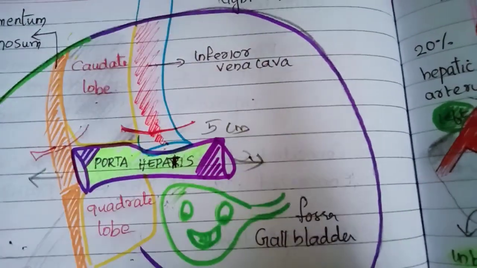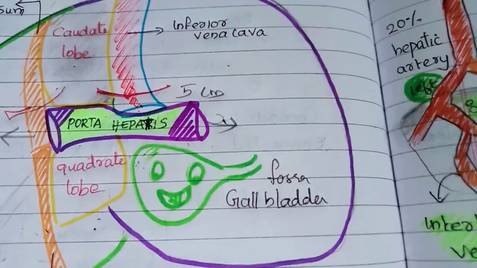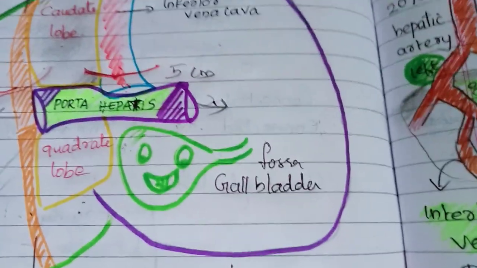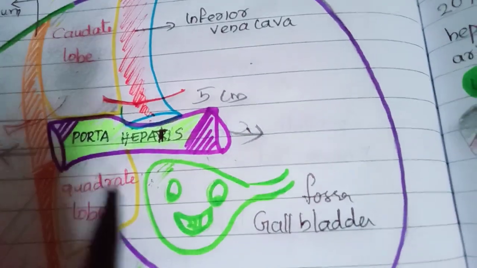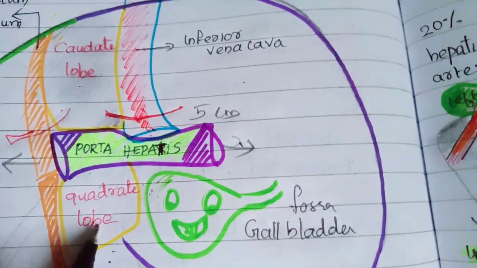First one is the right lobe. The right lobe is the largest lobe and it occupies 5/6 of the liver. It further has 2 lobes. What are they? Caudate lobe and quadrate lobe.